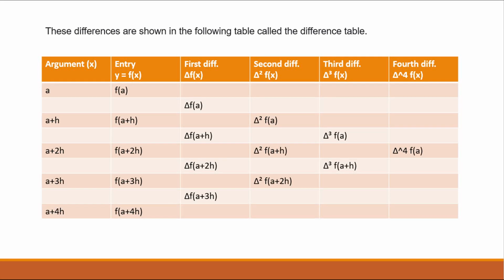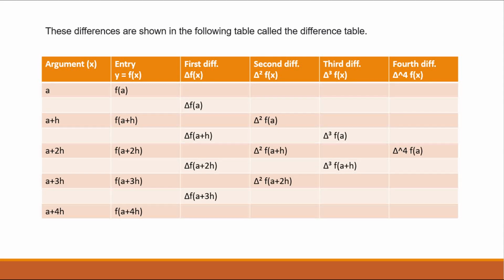Second difference, delta square f of x: delta square f of a is equal to delta f of a plus h minus delta f of a. Delta square f of a plus h is equal to delta f of a plus 2h minus delta f of a plus h. Delta square f of a plus 2h is equal to delta f of a plus 3h minus delta f of a plus 2h.